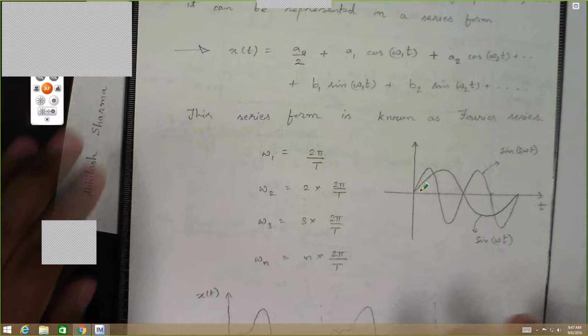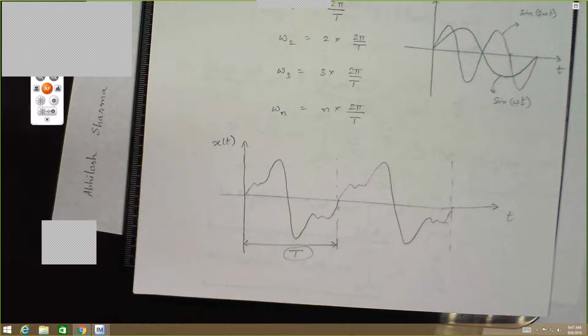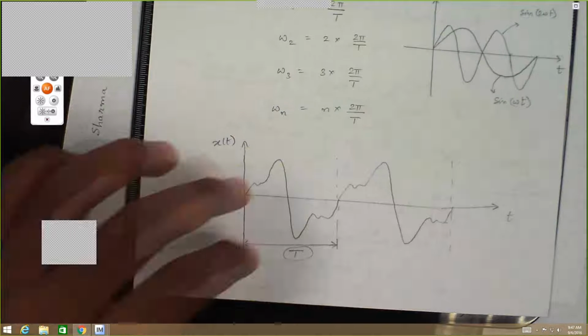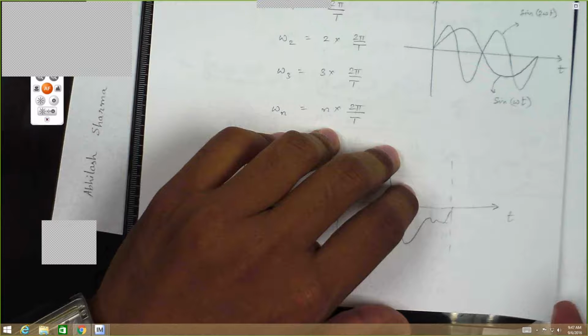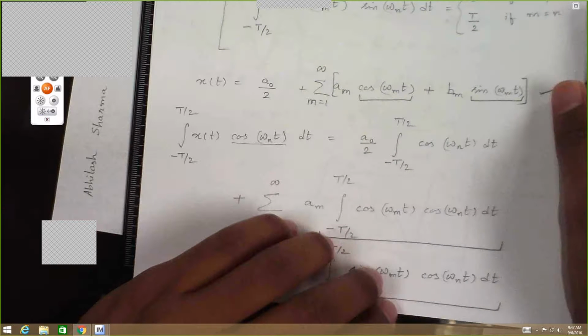And our whole idea was to express any kind of a periodic signal which is not harmonic in terms of harmonic components, because we know how to work with harmonic components. So if you're able to reduce a periodic signal into a set of harmonic components, then we can go ahead and find the acceleration and the velocities by simply differentiating the time signal.